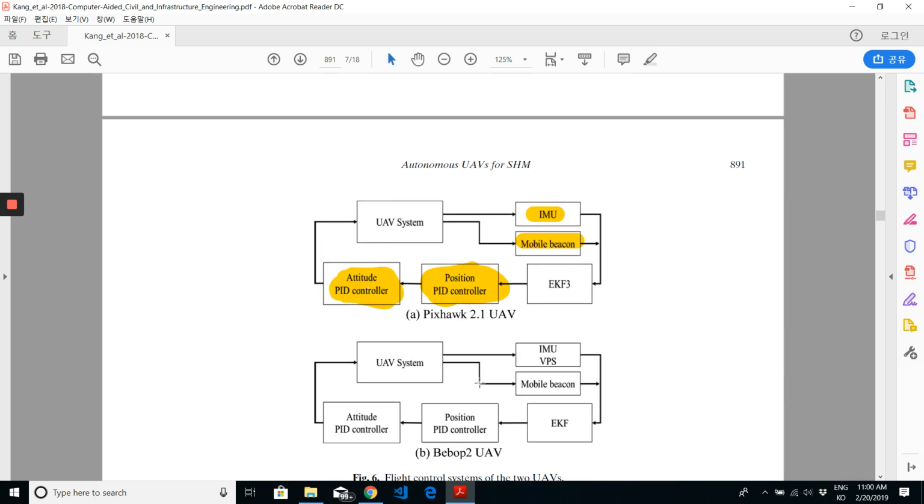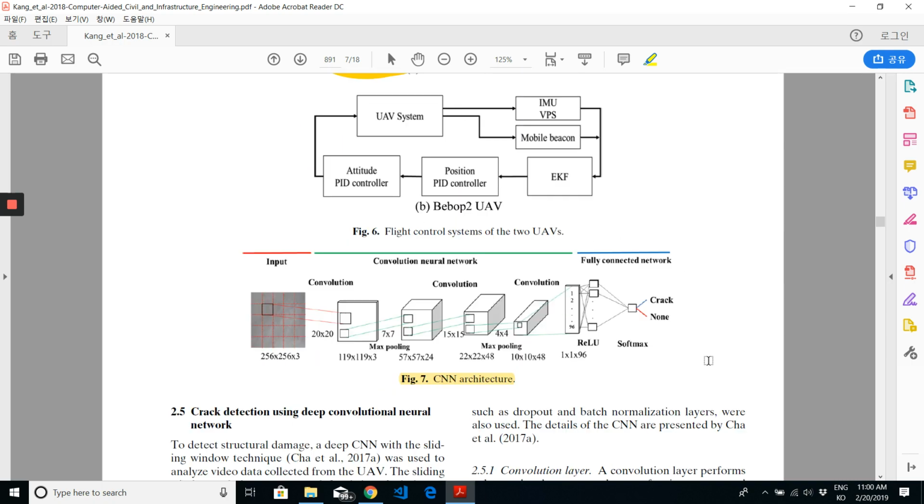Also, one of the reasons I strongly recommend using a commercial UAV is that you don't have to worry about the low-level controls. Instead, you can just use position control, and you just need sensor fusion of your mobile beacon and IMU data.